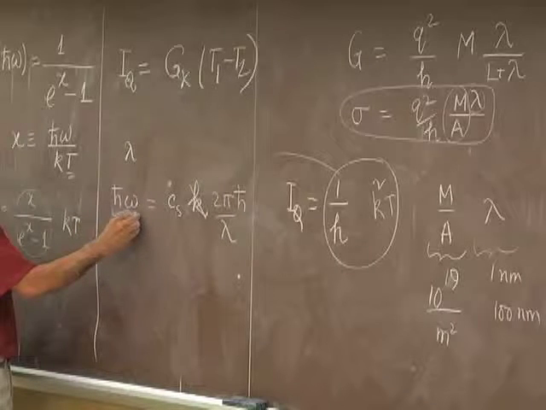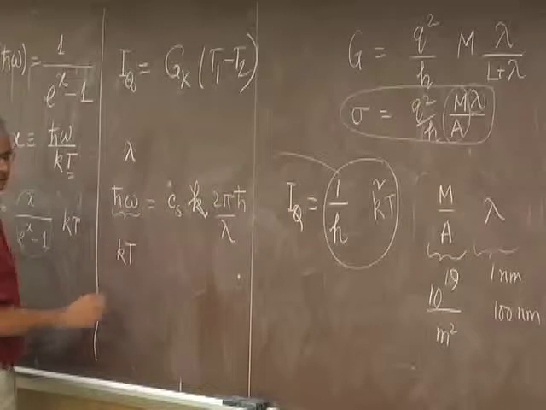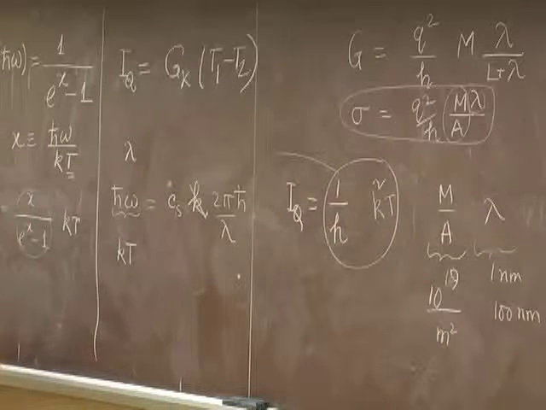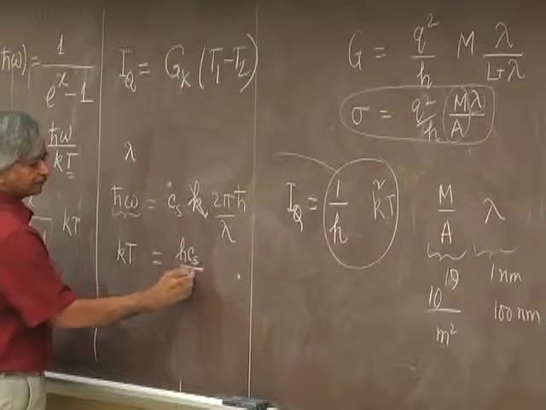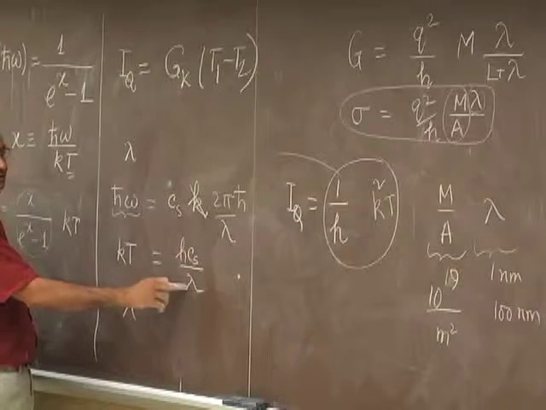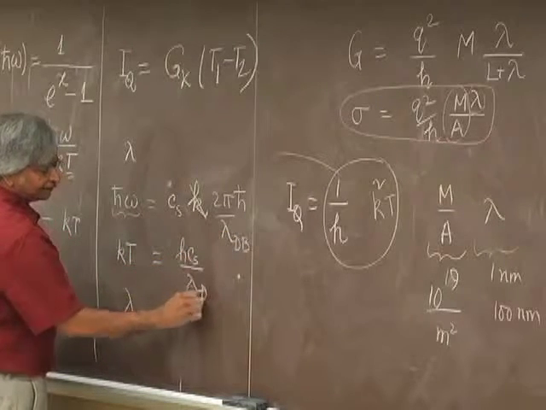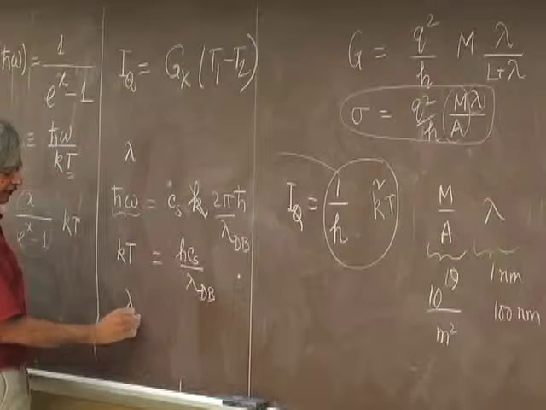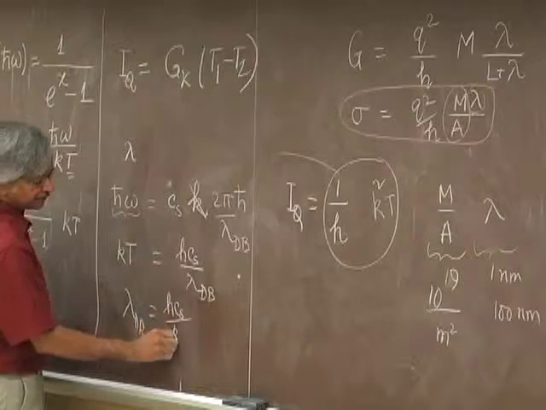Let's say we are looking for a phonon whose energy is kT, saying that that would be a typical one. So that is then equal to h c_s over lambda. By the way, this lambda is the de Broglie wavelength, nothing to do with the mean free path, a totally different thing. Lambda de Broglie is equal to h c_s over kT.